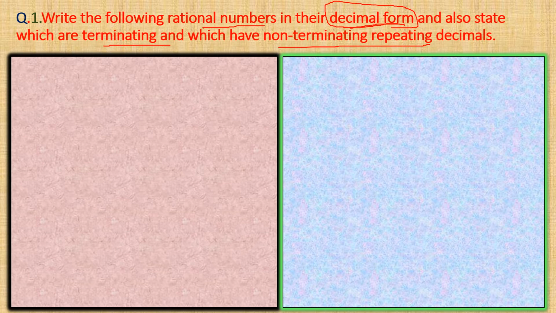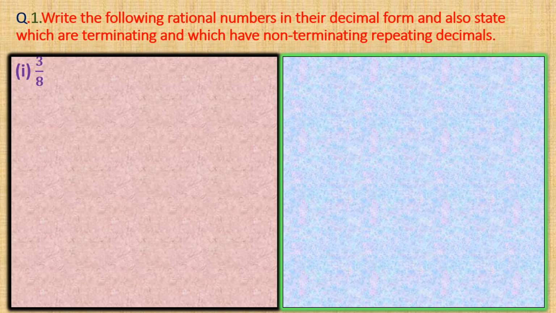When he asks without the decimal form, without dividing, we should go to the 2 power m into 5 power n method. Clear, children? If he asked to do it in the decimal form, you should do the division and check: if it stops at one point, they are terminating. If it is not stopping and there is continuity of the digits, then they are non-terminating repeating. Clear? So let us start with the first problem, 3 by 8.